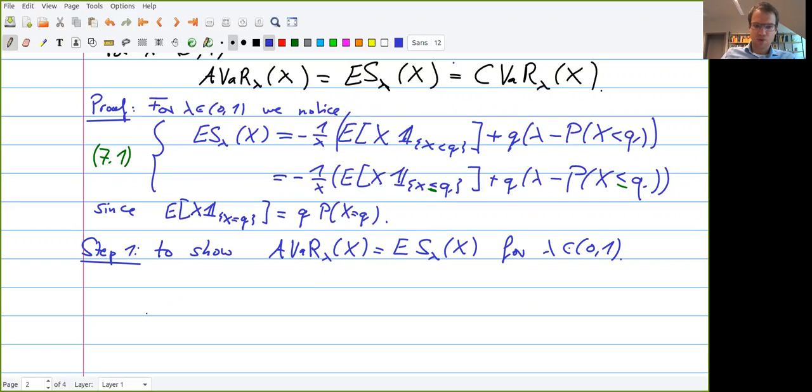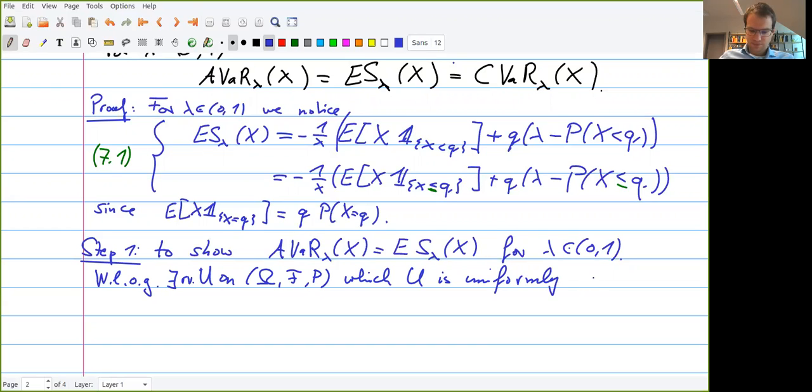Okay. So how do we do this? First thing I would like to note is we can always extend our probability space to find a random variable U, let's assume on the same probability space, which is uniformly distributed on [0, 1].